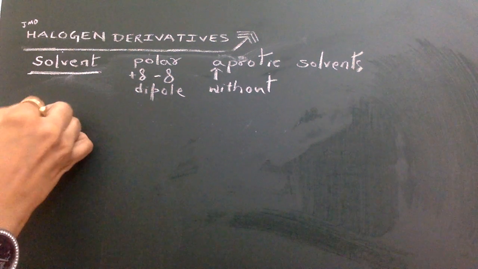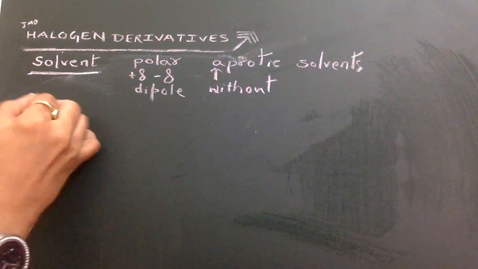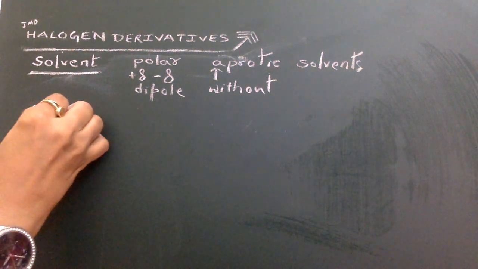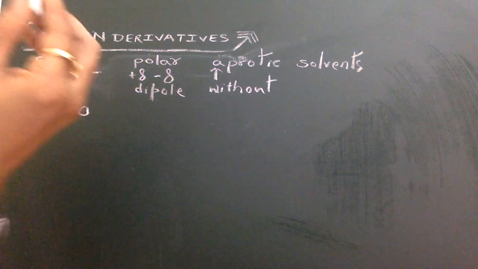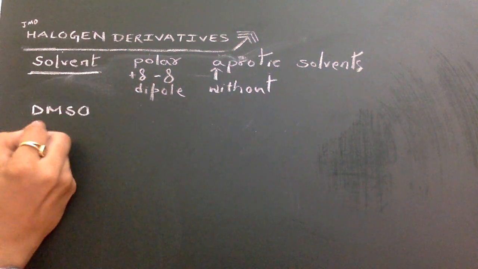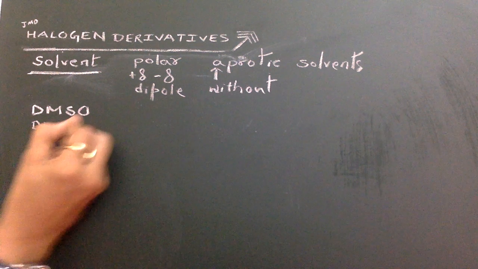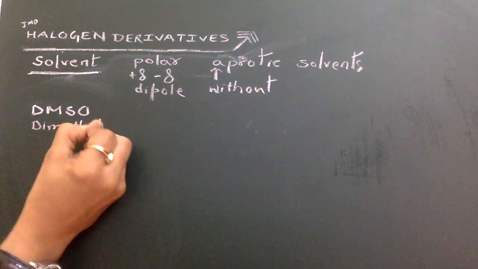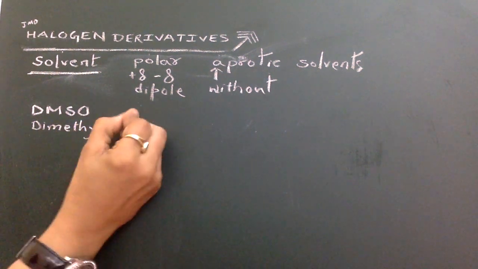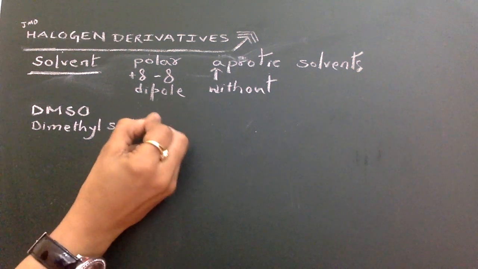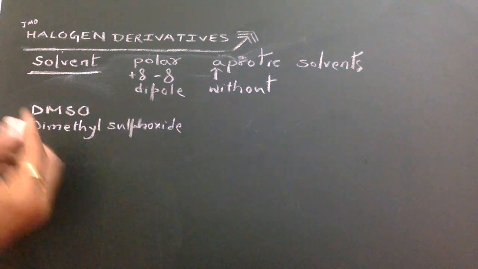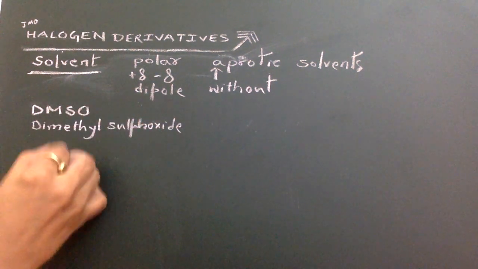Some of these solvents are DMSO, that is dimethyl sulfoxide, whose structure is like this.